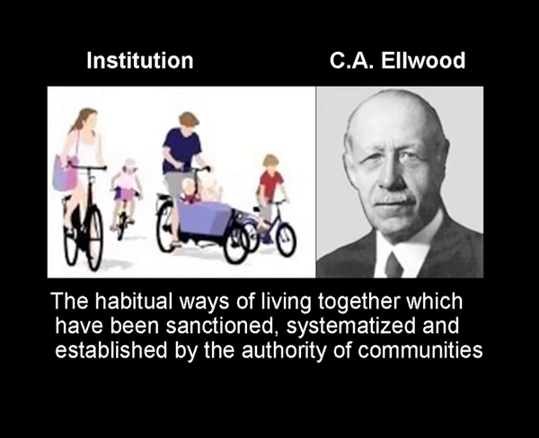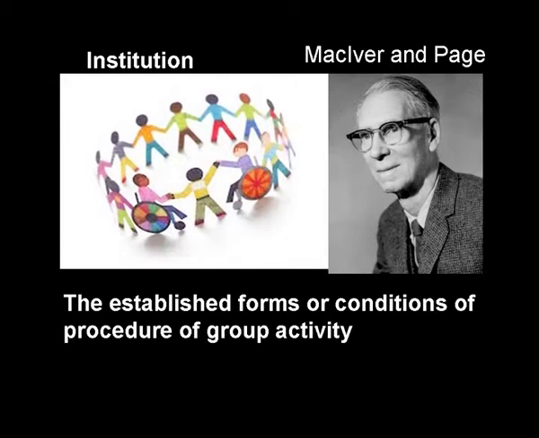C.A. Ellwood says that institutions are the habitual ways of living together which have been sanctioned, systematized and established by the authority of communities. MacIver and Page state that institutions are the established forms or conditions of procedure of group activity.